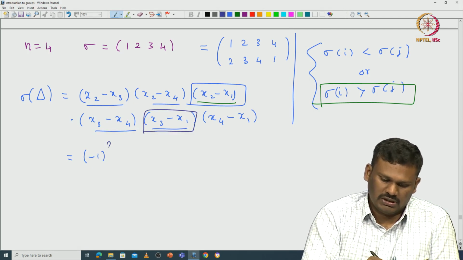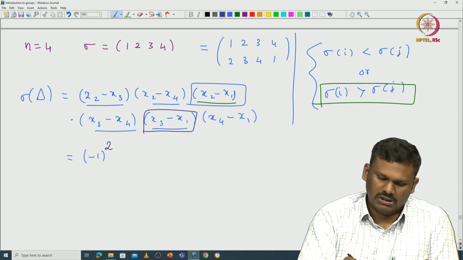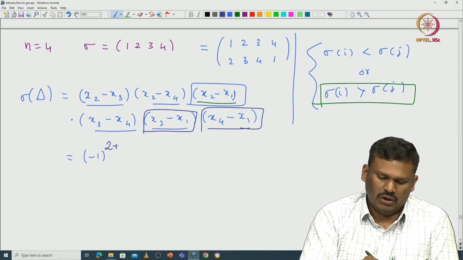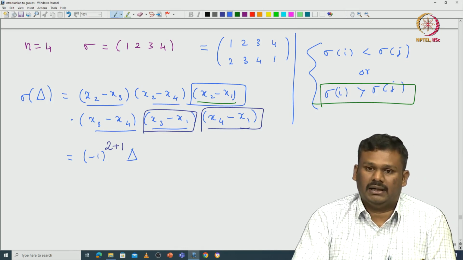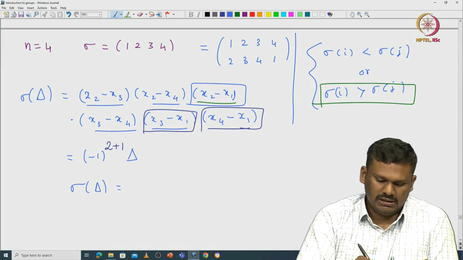So you have to switch, and you will be paying an extra cost. Similarly, this is also not in the correct order, which is x4 minus x1, so you have to pay one cost. Then up to this you get back delta. That means sigma of delta is exactly minus delta.